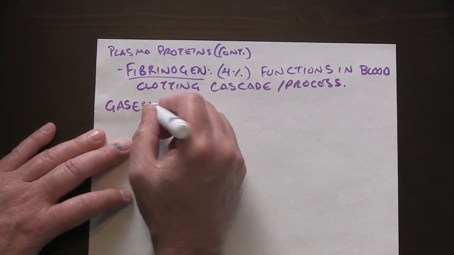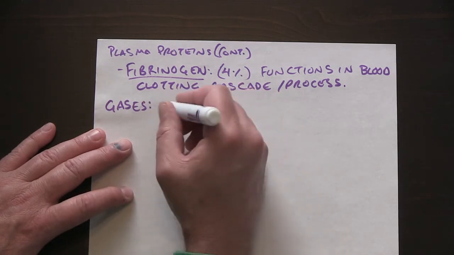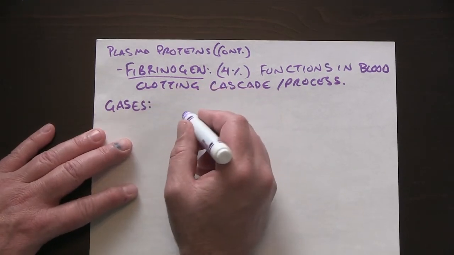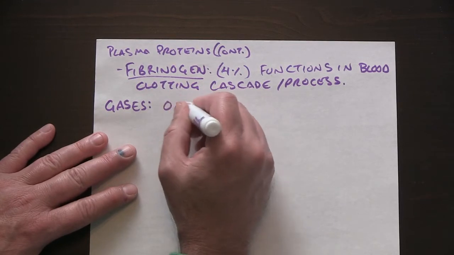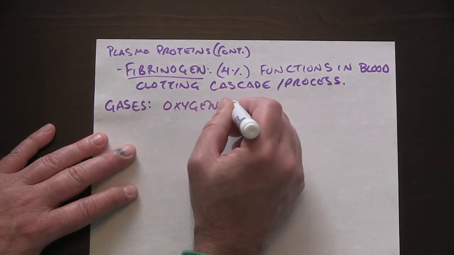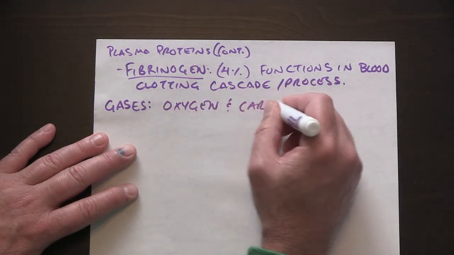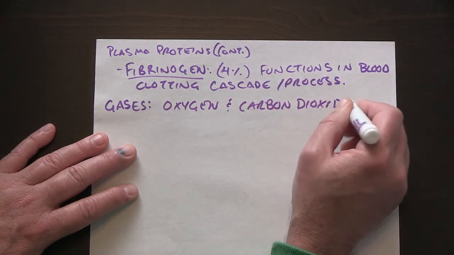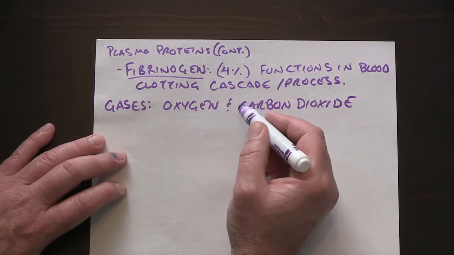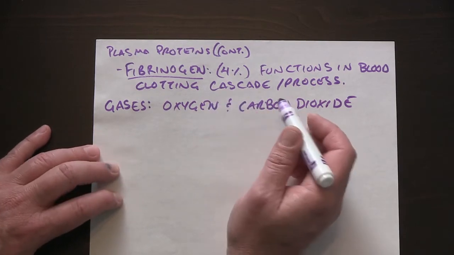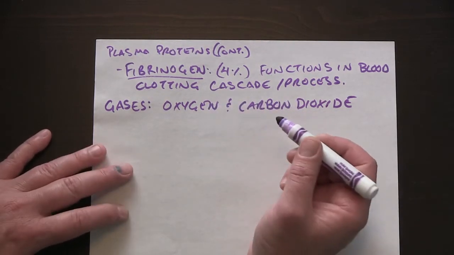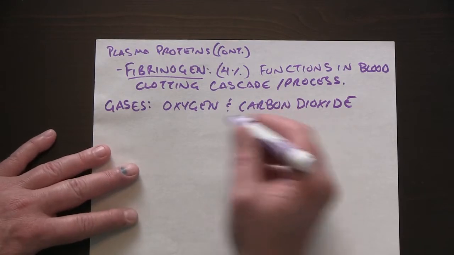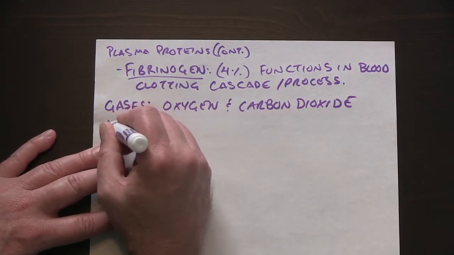The gases, of course, those are going to include oxygen and carbon dioxide. We'll talk more about how these two gases are exchanged with the air in the respiratory system. And then plasma nutrients.